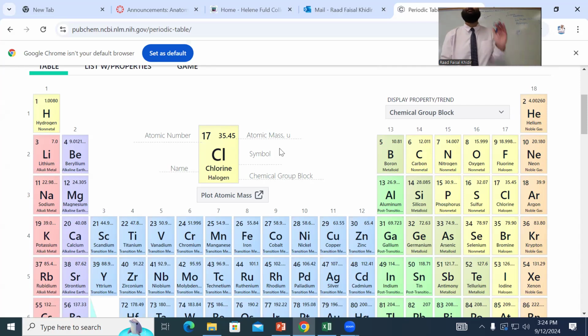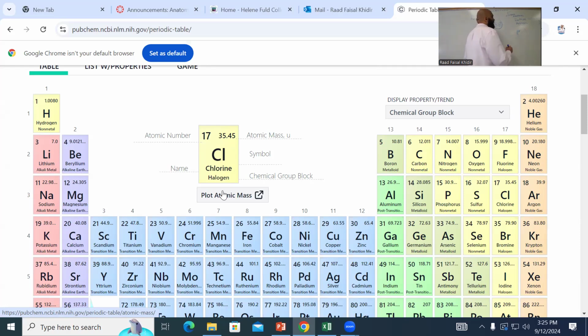So I can never touch the number of the protons if I want to be an isotope. If they have the same number of protons, they have to have something different. That's why they're isotopes. They cannot have the same number of protons and the same number of neutrons.